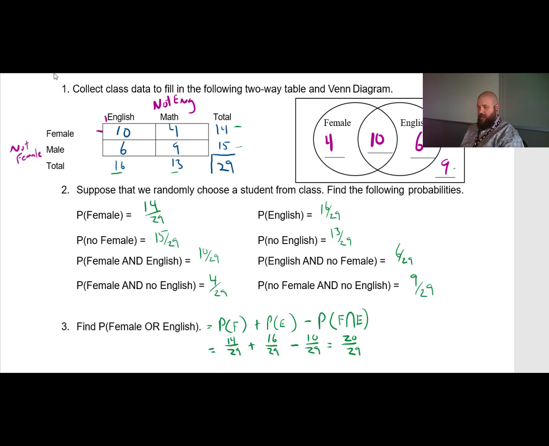Now the reason we had to subtract that again is because these are not mutually exclusive, okay? Female and English are not mutually exclusive.